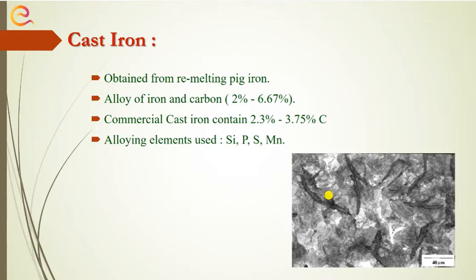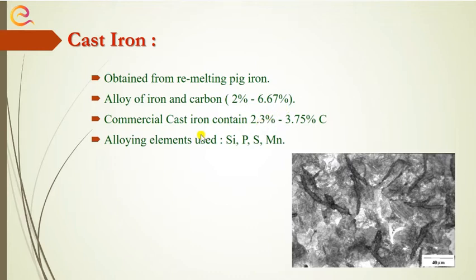First of all, we will have general information about cast iron. It is obtained from remelting the pig iron in presence of coke or limestone. Coke or limestone provides the carbon to the melting iron. It is mainly an alloy of iron and carbon in which carbon percentage varies between 2% to 6-7%.